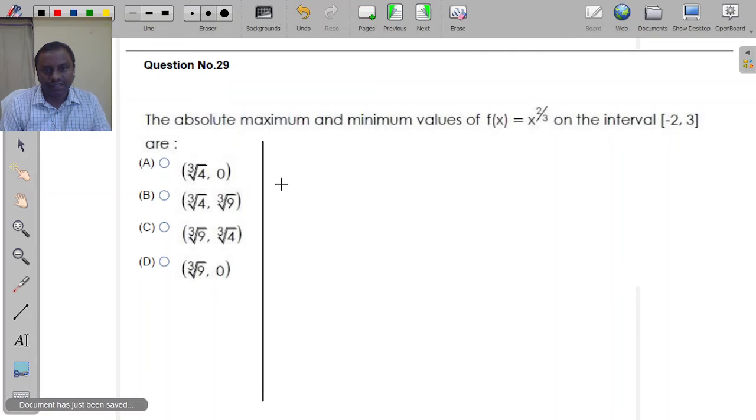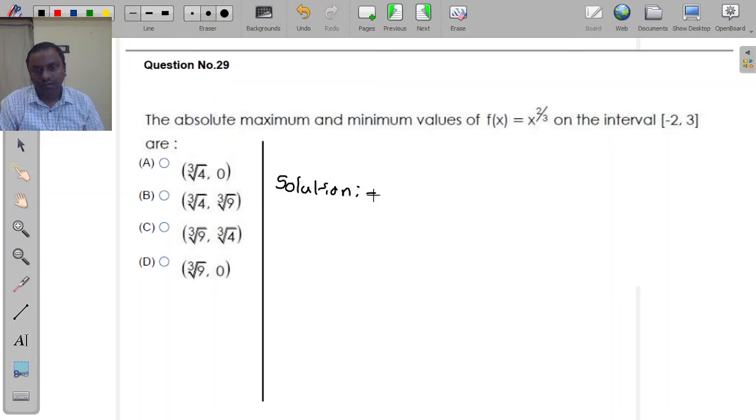The given function is x power 2 by 3 in the interval minus 2 comma 3.